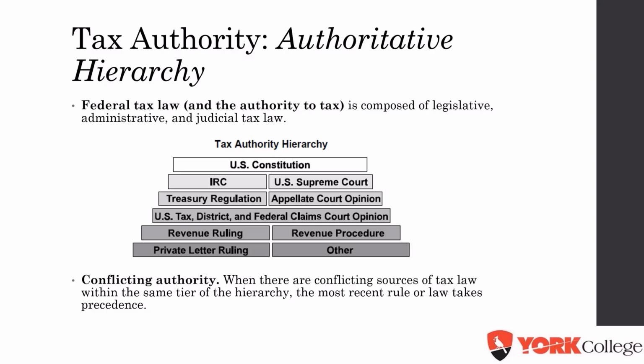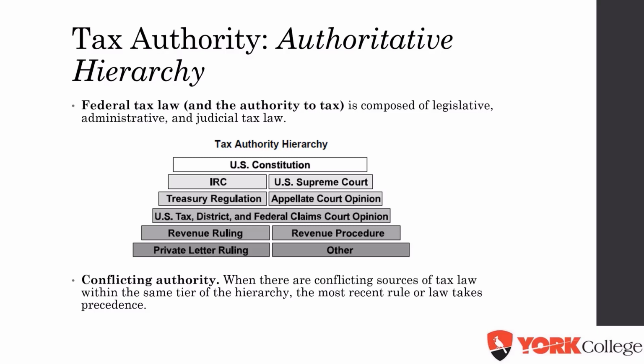But all you have to take away from this is simply that the U.S. Constitution is the source of authority for all of the various agencies and courts that are part of our federal government as a whole.